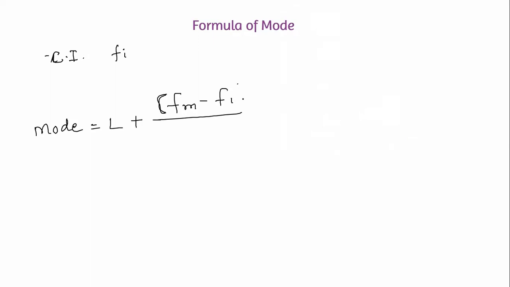Suppose there are class intervals and simple frequencies. The formula for mode is equal to L plus Fm minus F1 divided by 2 times Fm minus F1 minus F2, and the whole thing is multiplied with H.